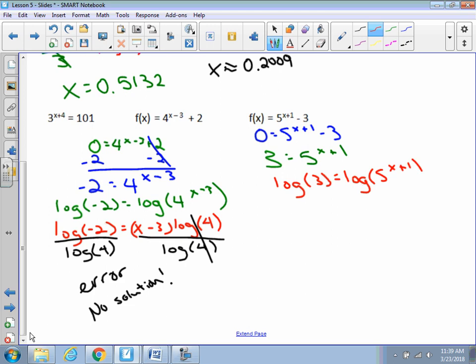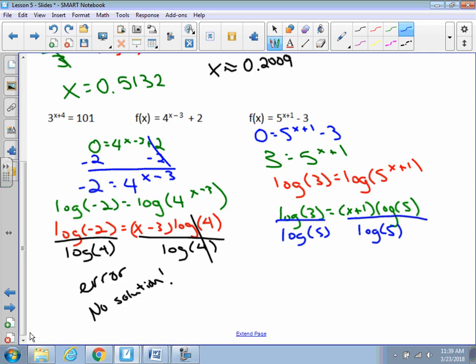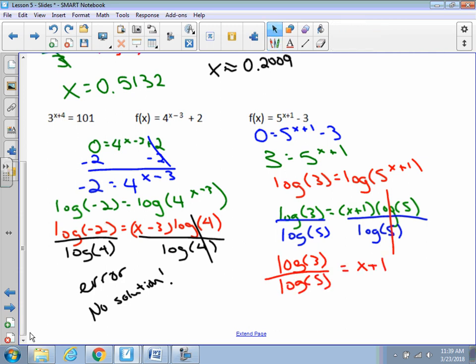Divide both sides by the log of 5. Again, keep all of that in your calculator, so don't round until the very end. And then you're going to have the log of 3 over the log of 5 equals x plus 1. So now we're just going to subtract 1 from both sides. And we get negative 0.3174. So those are our notes on logs today.